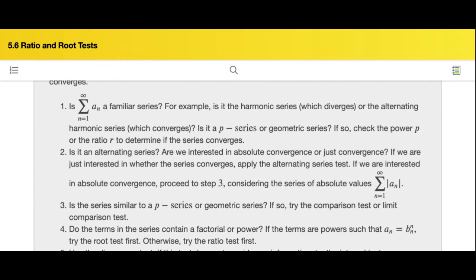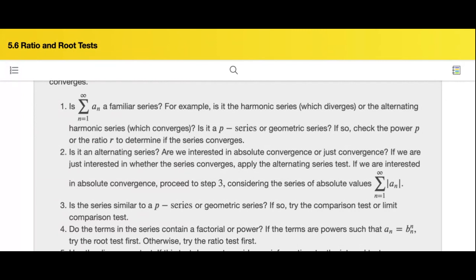Also think about whether it's a P series or geometric series. If it's 1 over square root of n, or 1 over cubic root of n, you know that's a P series with P equals 1/2 or 1/3. Because it's less than 1, it diverges. If I give you 1 over n cubed, n to the 4th, n to the 5th, you know that's a P series with P greater than 1, so it converges.